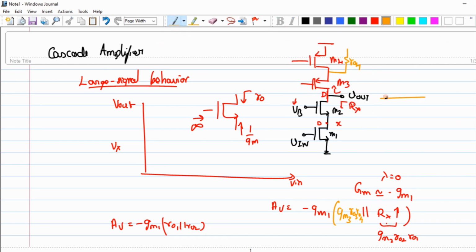Whenever there is a swing across a Q point, when I go up, I have to leave a minimum voltage drop across the drain and source of M3 and the drain and source of M4.